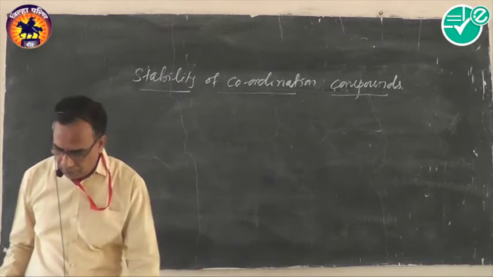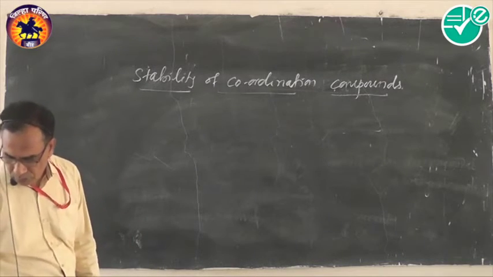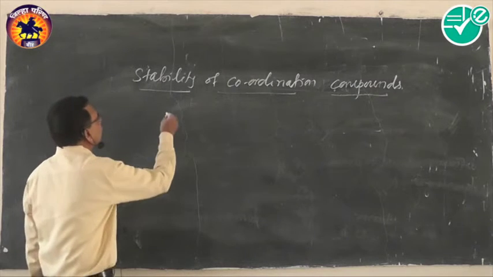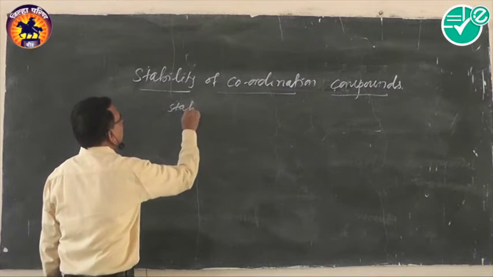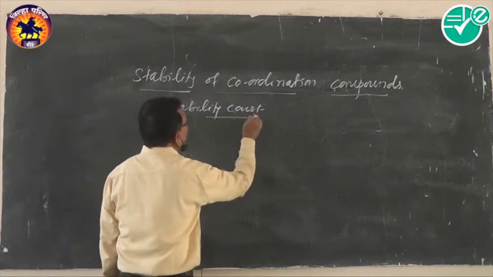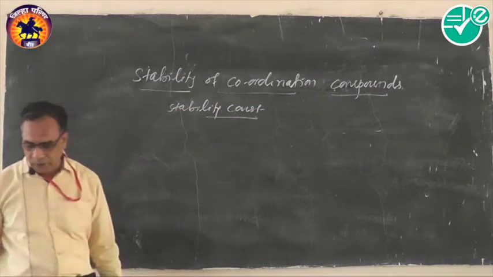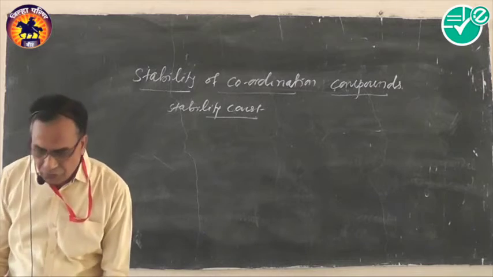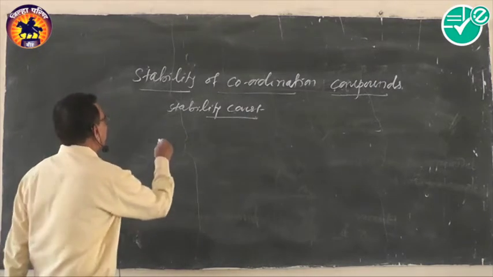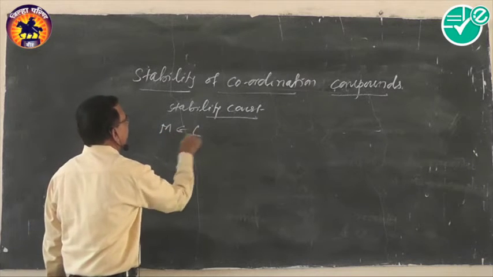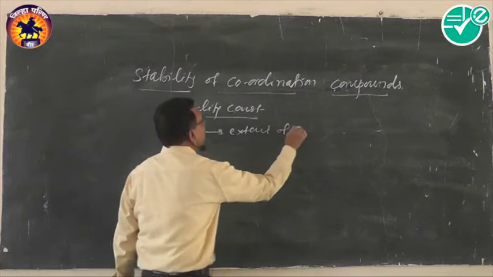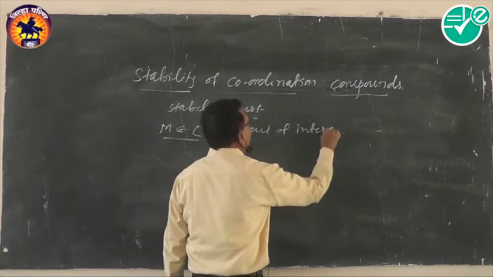The stability of coordination compounds in solution is considered by taking into consideration the stability constant. The thermodynamic stability of the complexes is determined by the extent of interaction between metal and ligand.